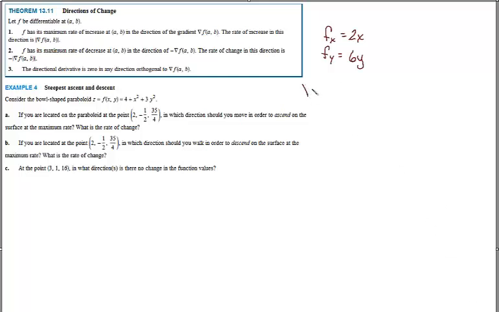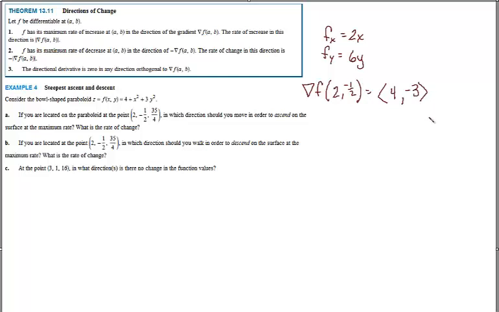So I'm given f at the point 2, negative 1/2. That's going to be the vector: 2 times 2 is 4, and that would be a negative 3.